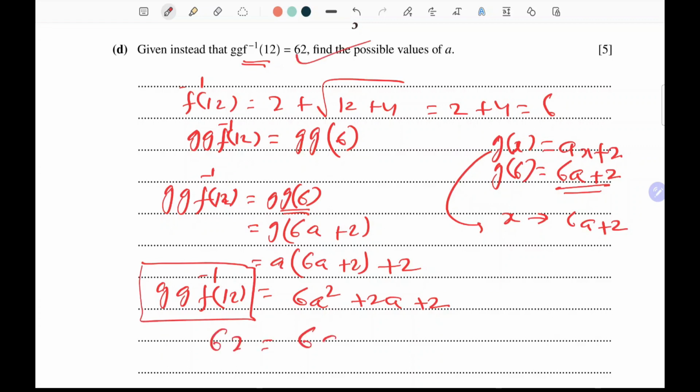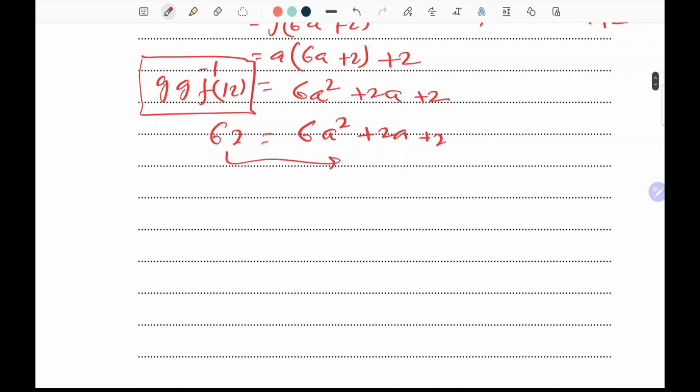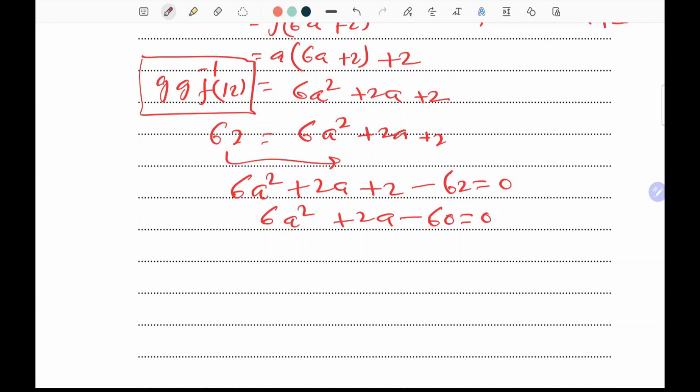So actually 62 equals 6a squared plus 2a plus 2. Okay, now shift 62 to the right side. You will get 6a squared plus 2a plus 2, and 62 we have to take to the other side, equals 0. So 6a squared plus 2a minus 60 equals 0.